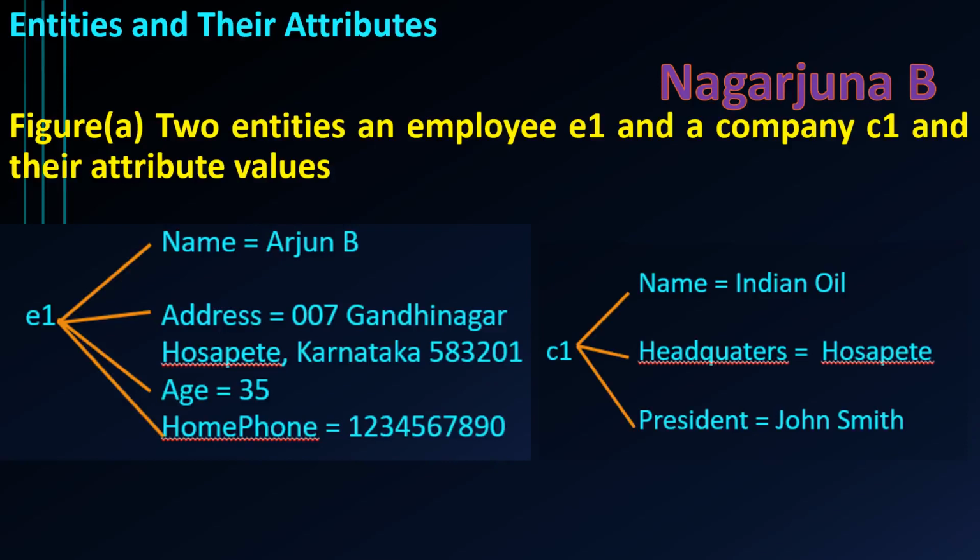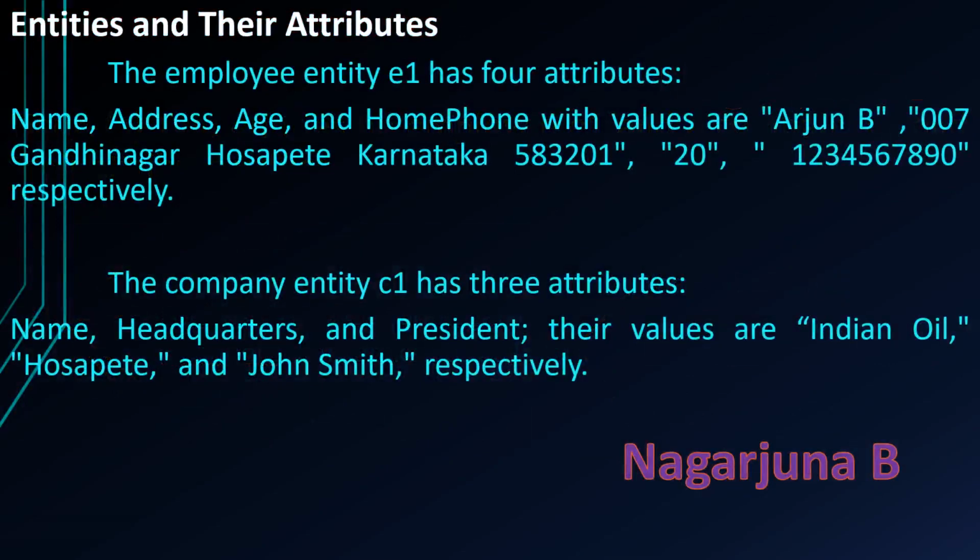In this diagram we have two entities E1 and C1. E1 is an employee entity, C1 is a company entity, with their attributes and values. These are the details of the employee E1 and the company C1 entities along with their attributes.